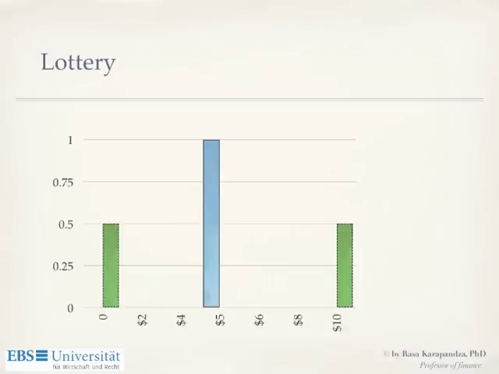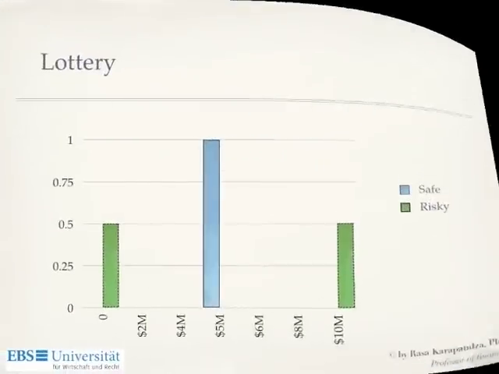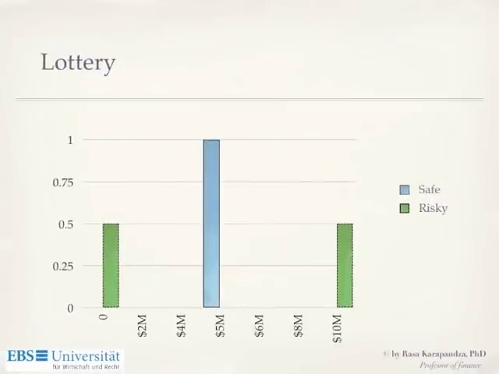But if I ask those people that say that they would gamble the same thing, just I add M downstairs. So now it's not anymore $5, but 5 million. Would you gamble with 5 million like this? Well, I see no hands currently.